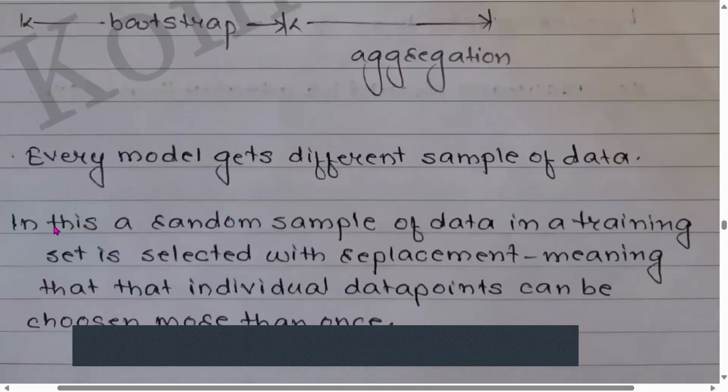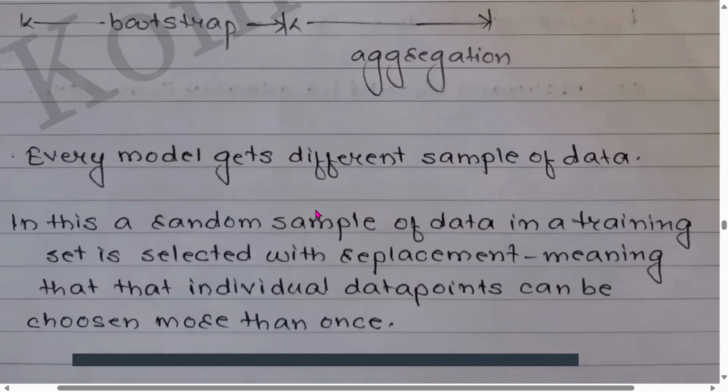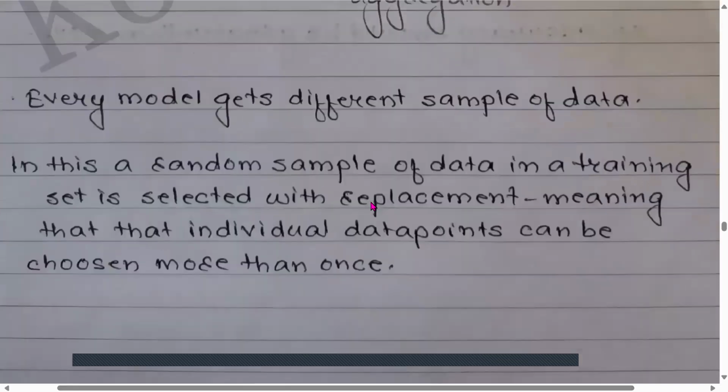In this, a random sample of data in a training set is selected with replacement, meaning that individual data points can be chosen more than once.